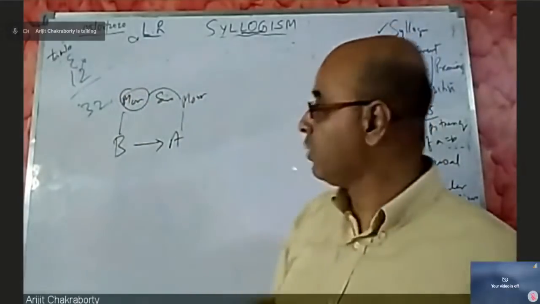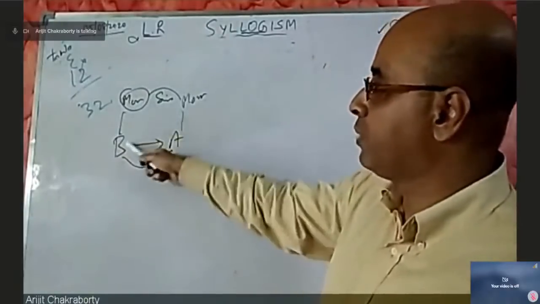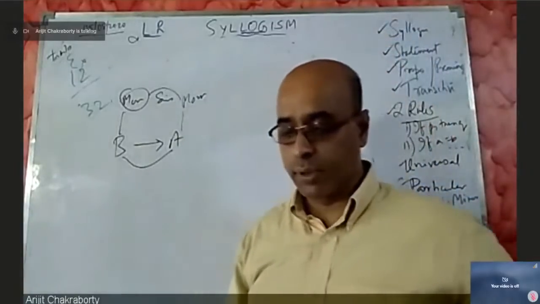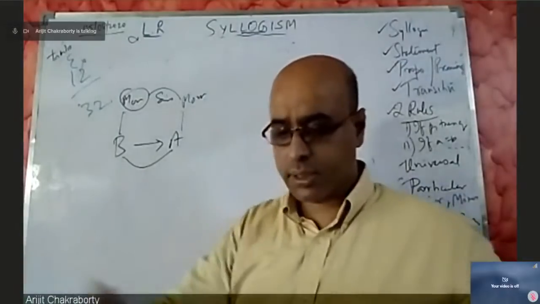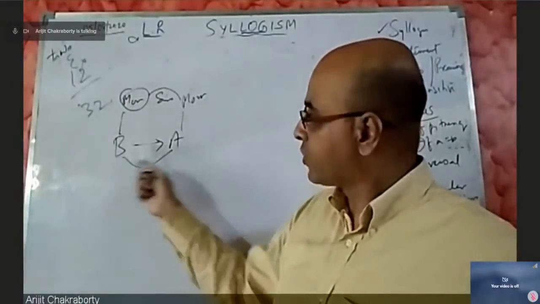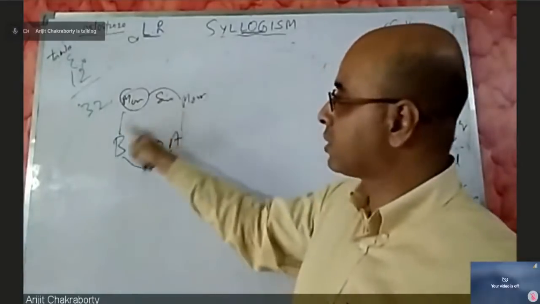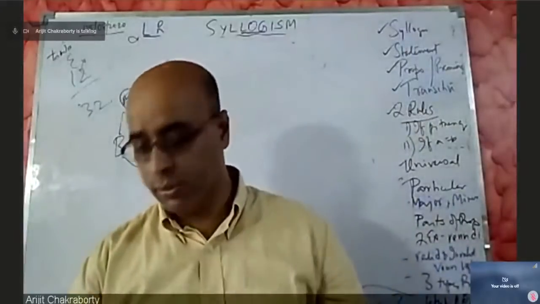So A's mother and B's mother are sisters. So A and B, what is the relation between them? They are cousins, basically cousin brothers, assuming both A and B are male. Both their mothers are sisters. So I think 32 is done and Faizan, you are clear.